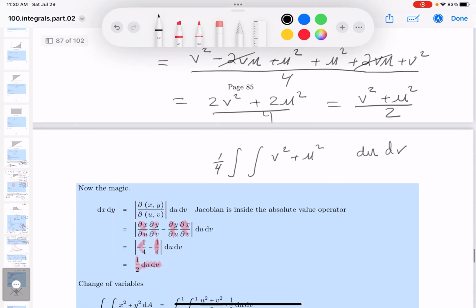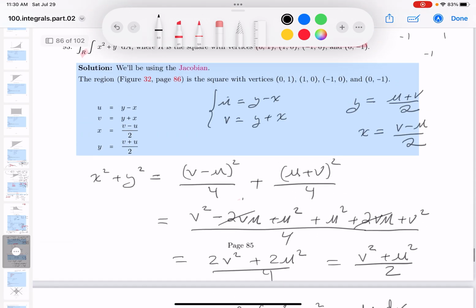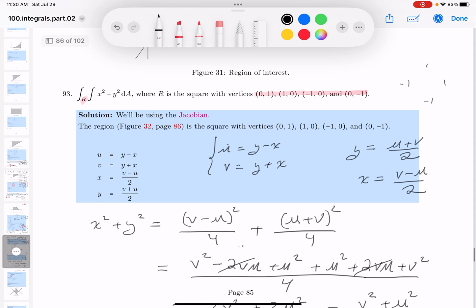I'm trying to get the u's and v's. Let me think about this carefully before I say anything. And we're trying to do the u first, right?